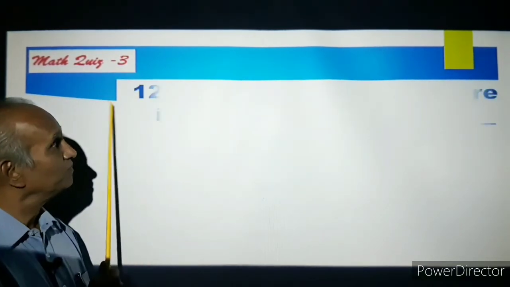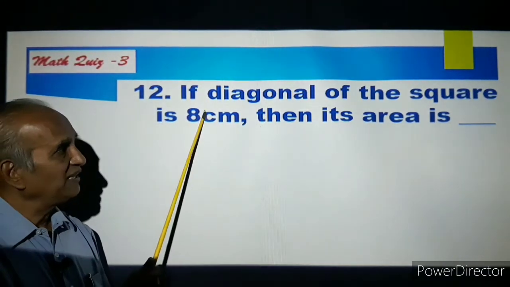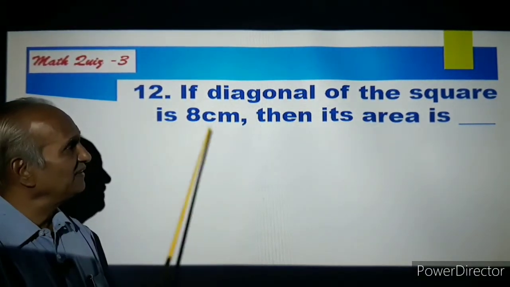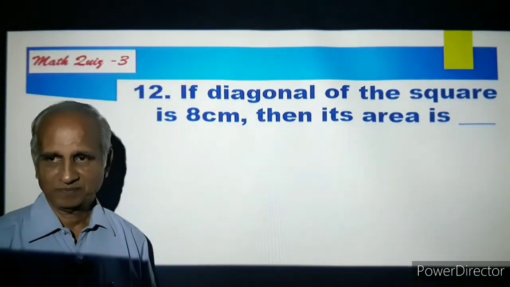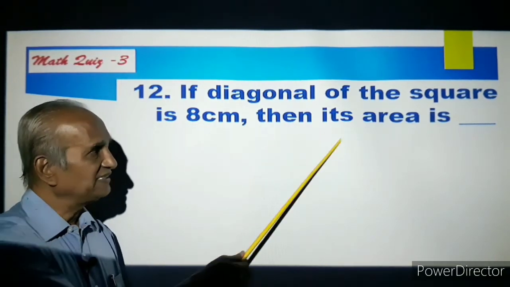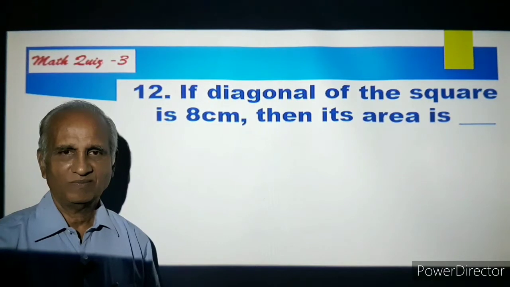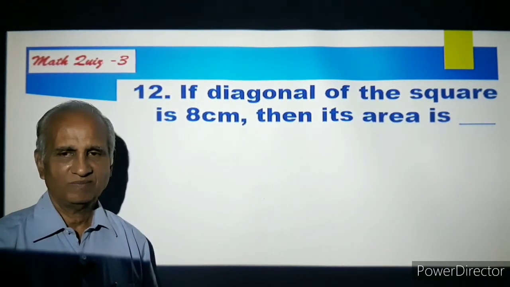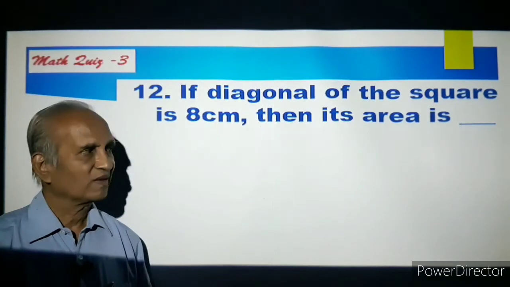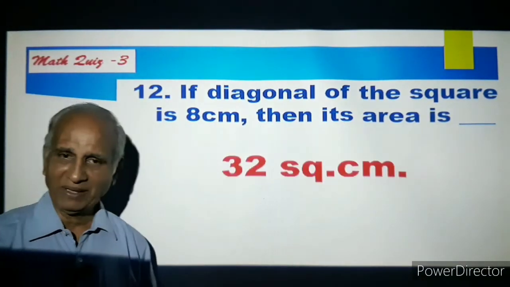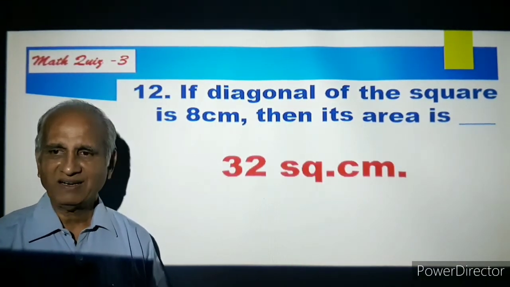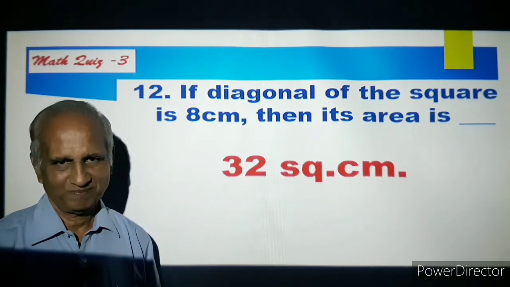Next question. 12th one. The diagonal of the square is 8 centimeters. Then its area is. Here you remember all squares are rhombuses.